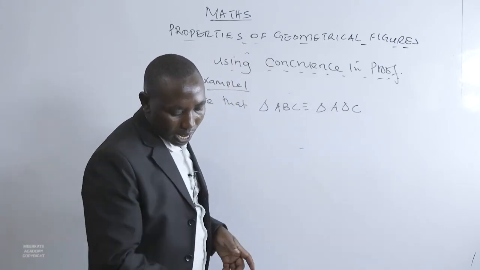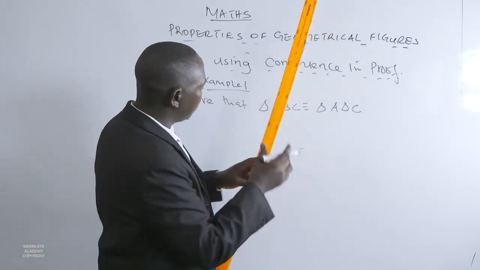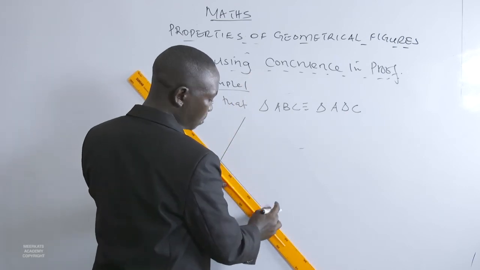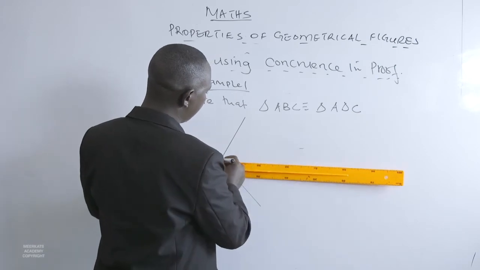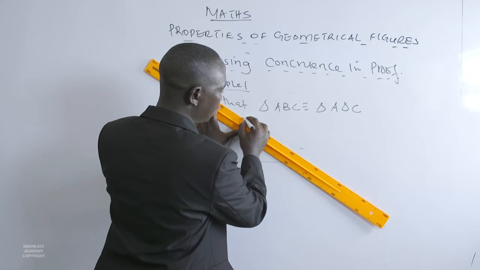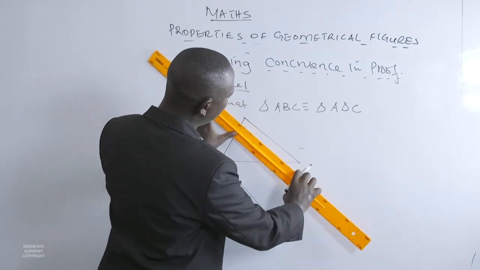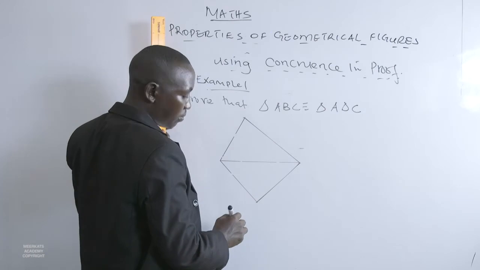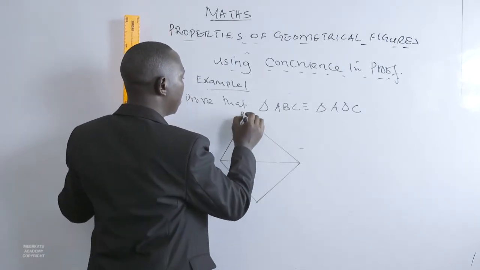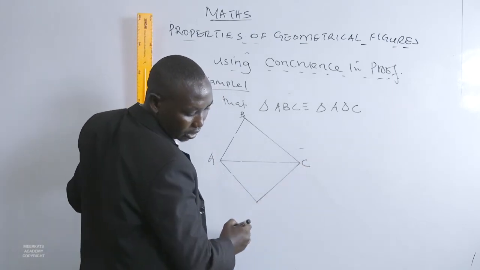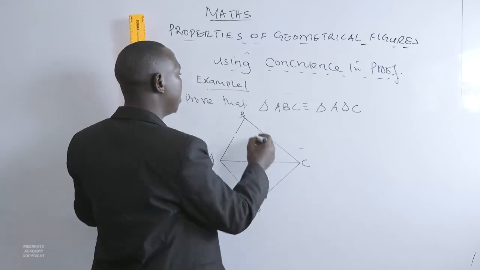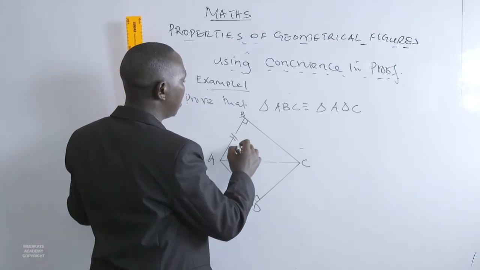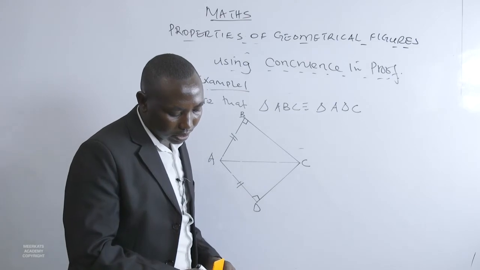So we have got 2 triangles. This is A, this is B, this is C, and this is D. Then this angle and this angle, this side and this side are similar.